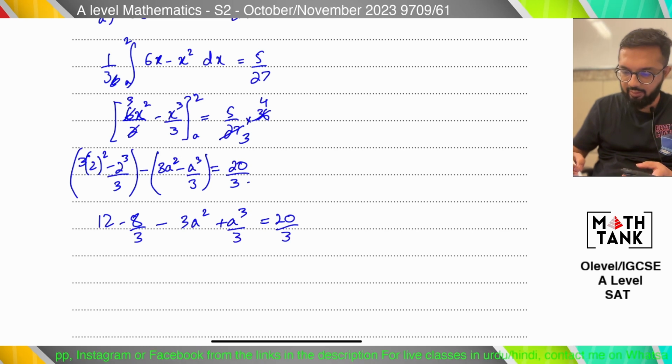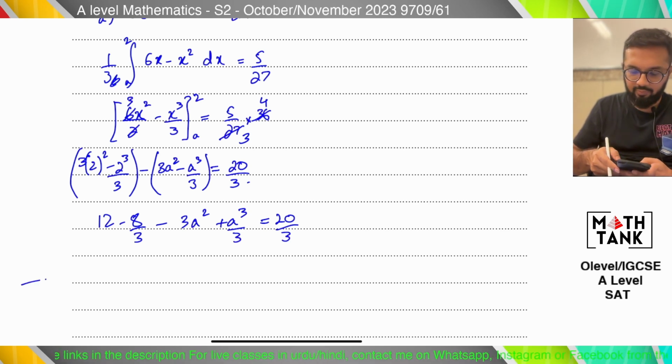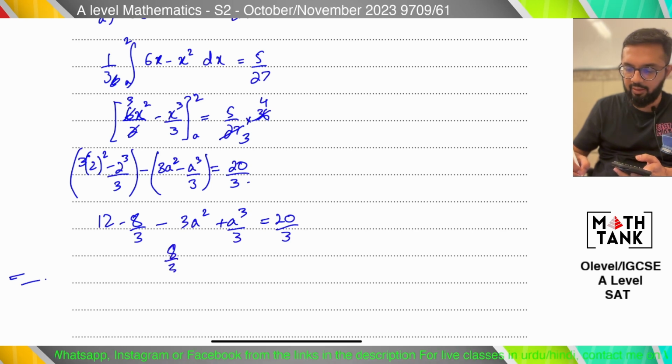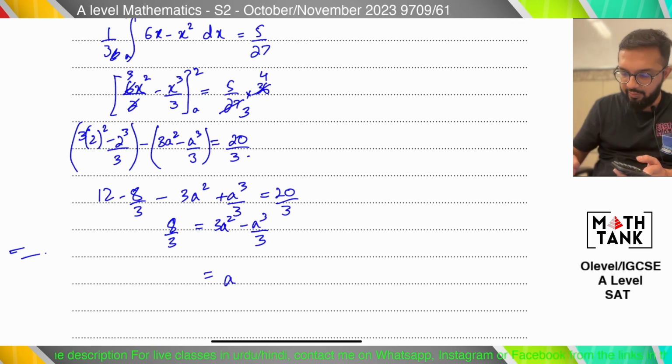Let's first get this addition and subtraction out of the way. 12 minus 8 over 3 minus 20 over 3. So I'm getting 8 over 3 here, and I have 3a squared minus a cubed over 3. So I can pull out an a squared.